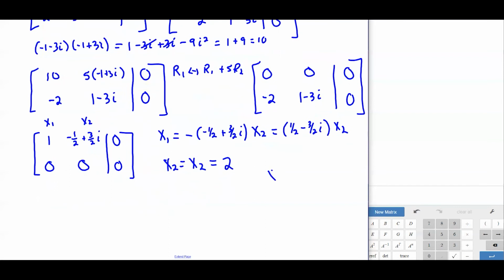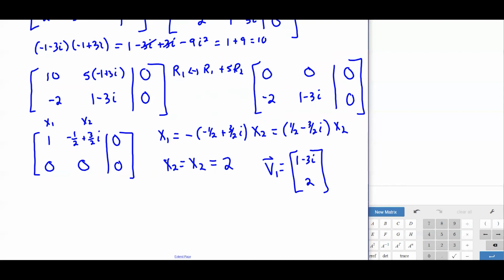All right, so we get an eigenvector. Let's call it v. We're using too many x's here. We'll call this eigenvector 1. If x2 is 2, it's going to cancel these fractions over 2, and I get 1 minus 3i. So there we go. We have a complex eigenvalue, and now we have a complex eigenvector.